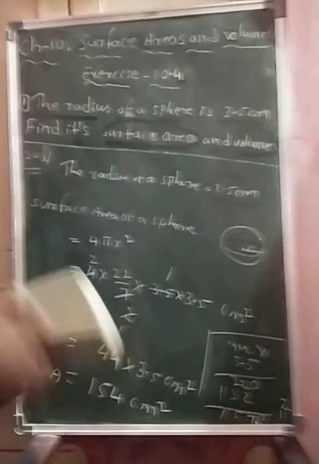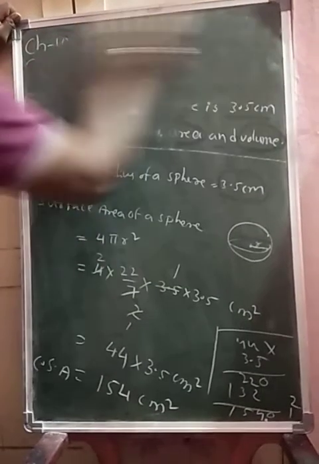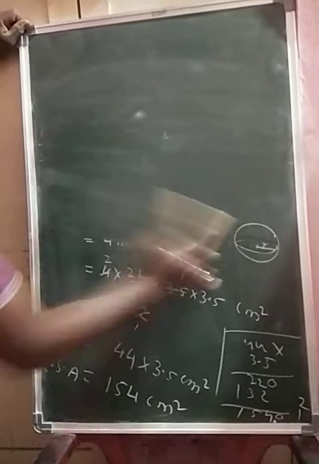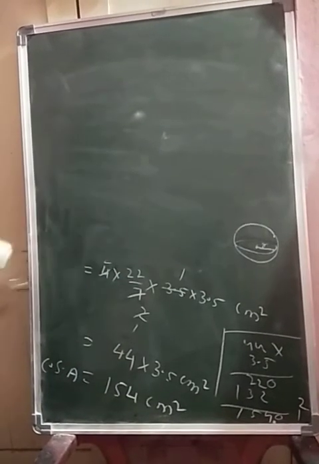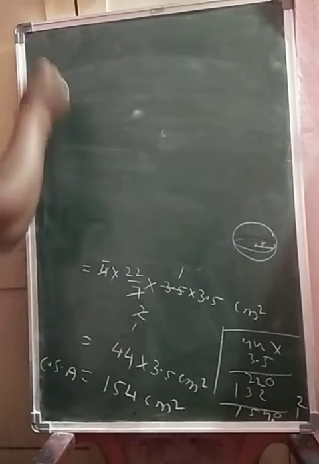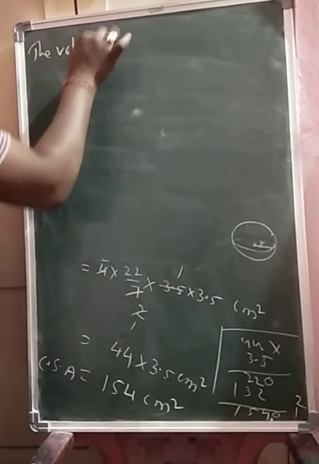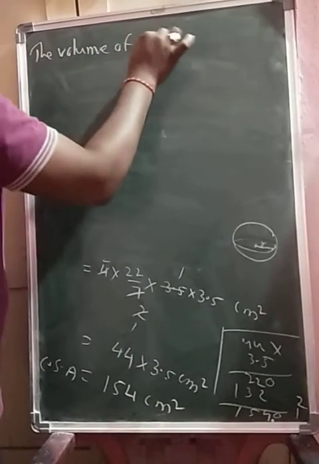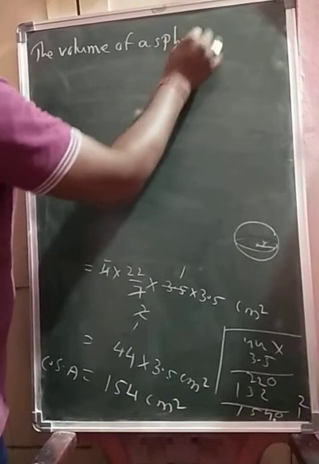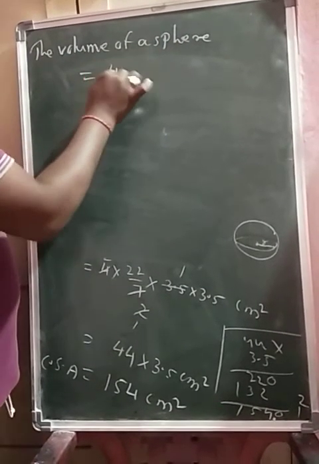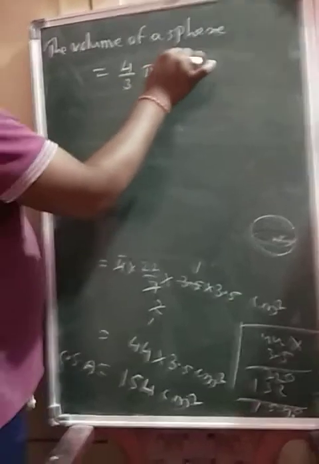Okay, so sphere. Now the volume of a sphere is equal to 4 by 3 pi r cube.